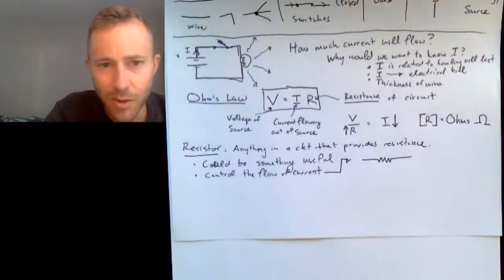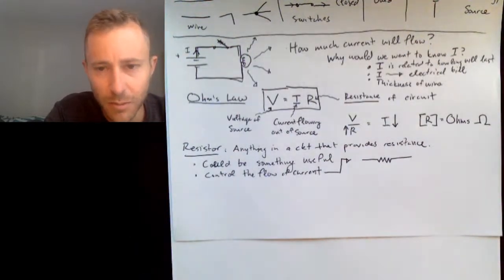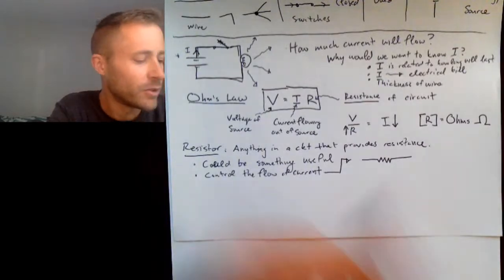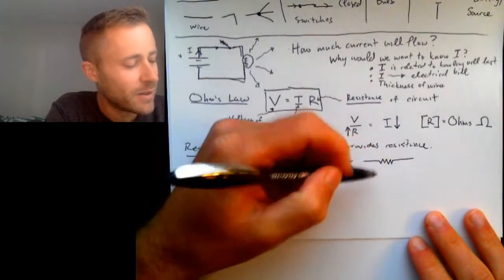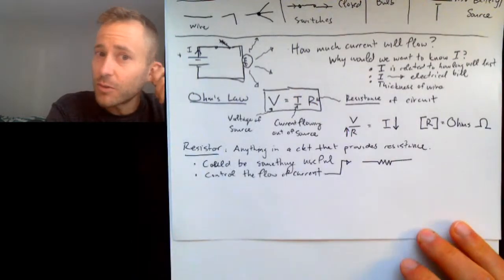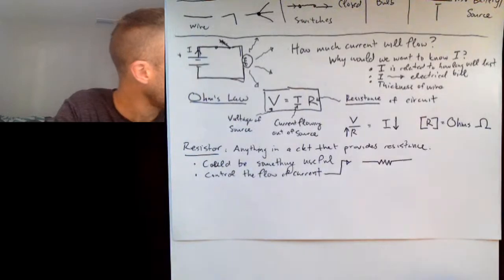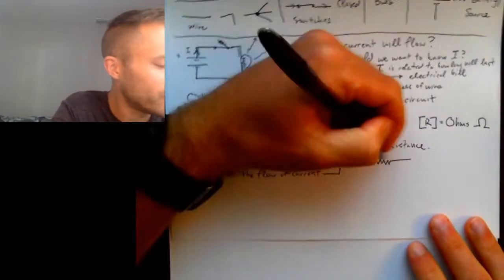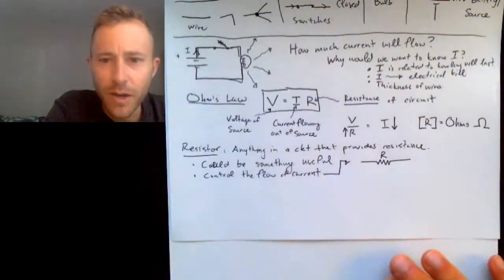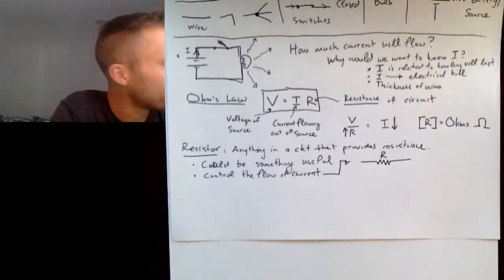That would be annoying. It would slow your progress. So this represents a jagged path that would slow your progress. That's why that's the symbol for a resistor, and then typically you would write the value of the resistance next to it.